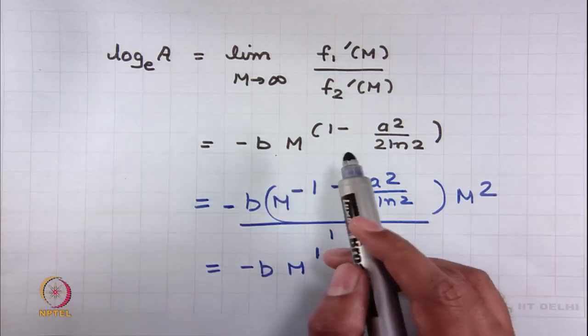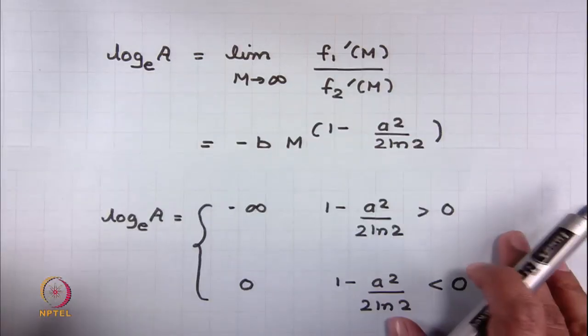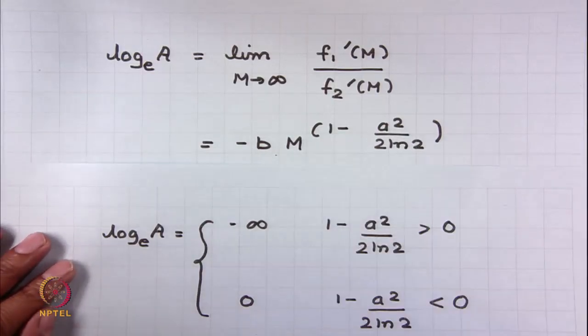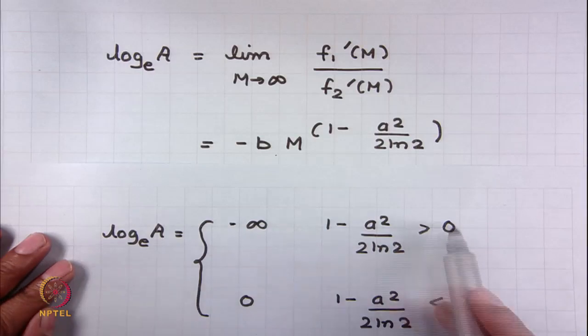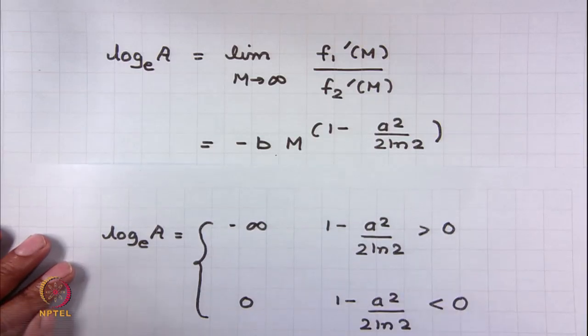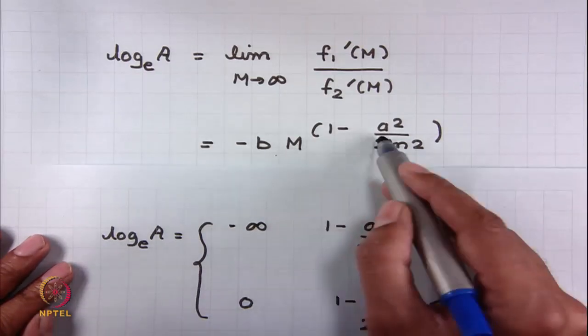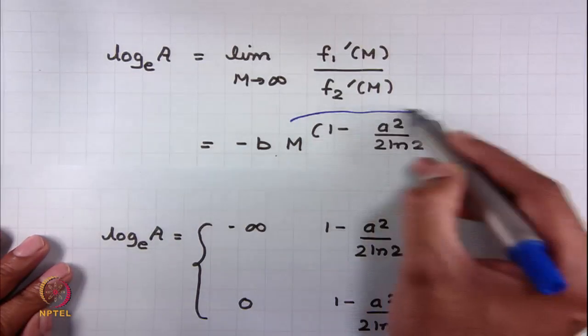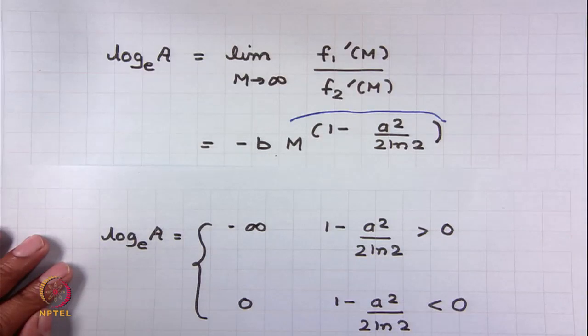Now, you can see that if 1 minus a square by 2 ln 2 is a positive quantity, then what you have is infinity raised to power a positive quantity, which is infinity. This thing is infinity, and because of this minus, it will be minus infinity. Okay.